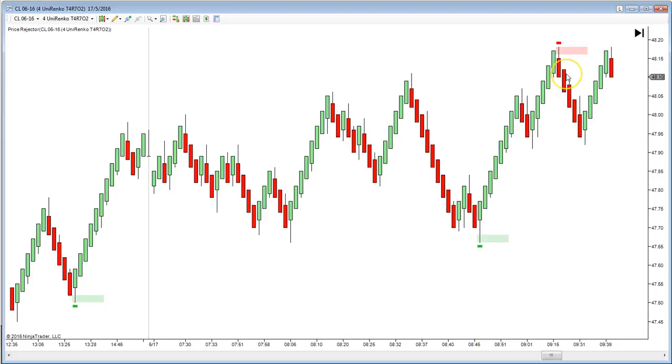A lot of people will see this, and then they'll see these green, green, green, and after the trade has already moved in their favor, they'll overlook this. You can't. Things have changed. The market's starting to go back up.